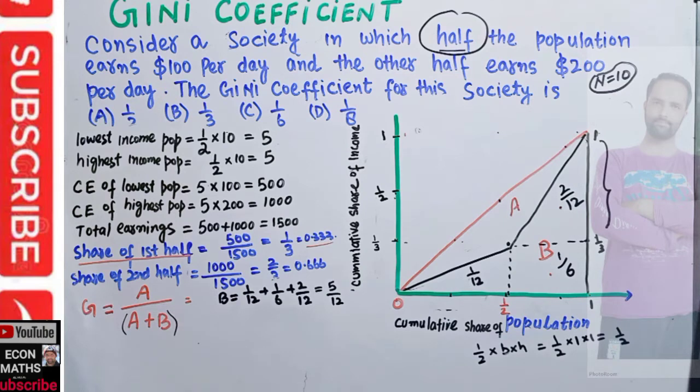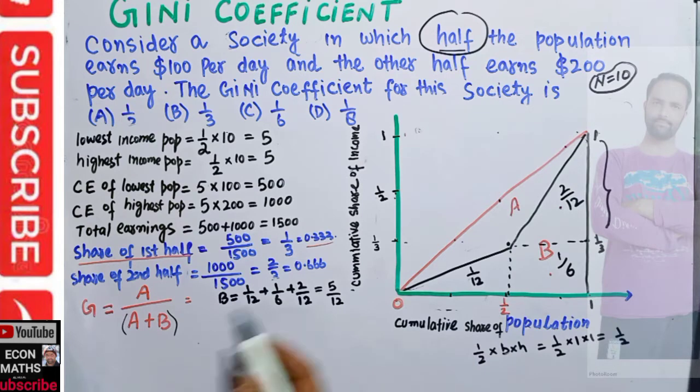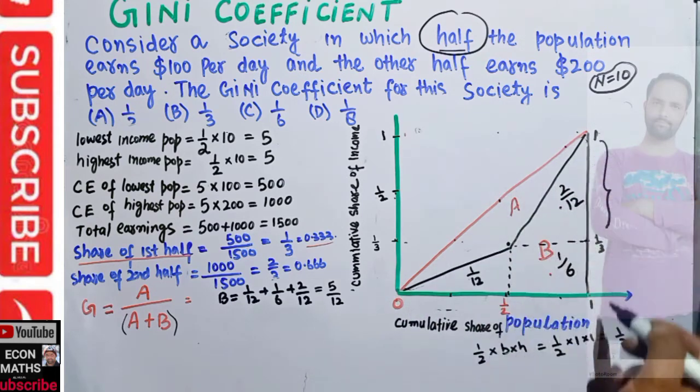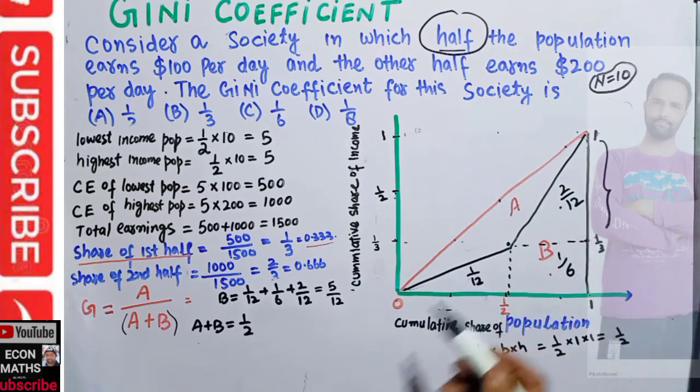Now then what is the area of this region? As I told you, the area of this whole triangle, that is A plus B, came out to be 1/2, and the area of this B region is 5/12.